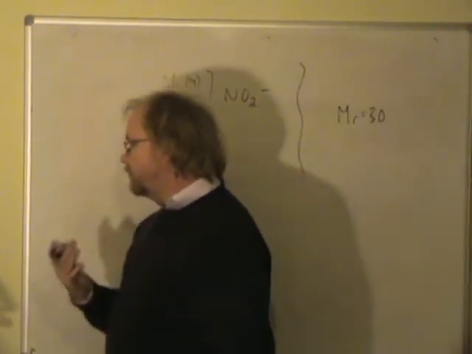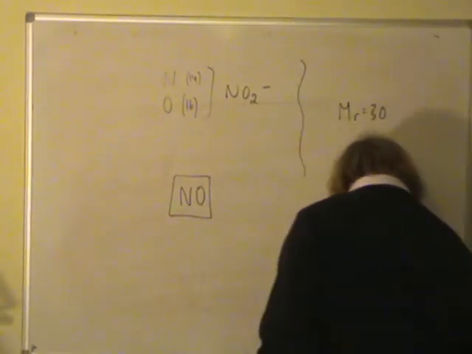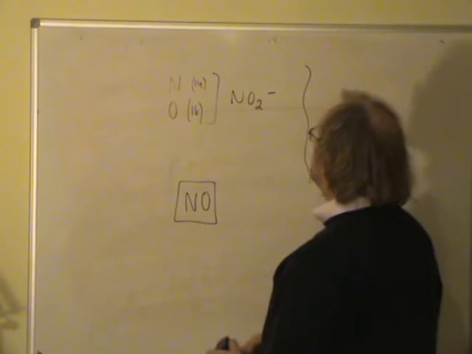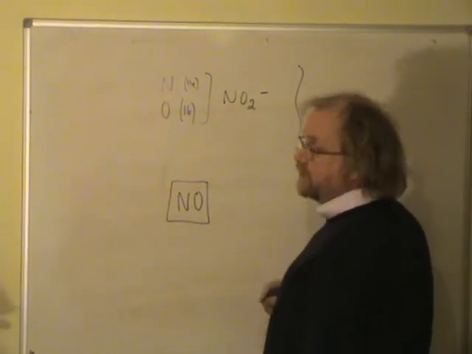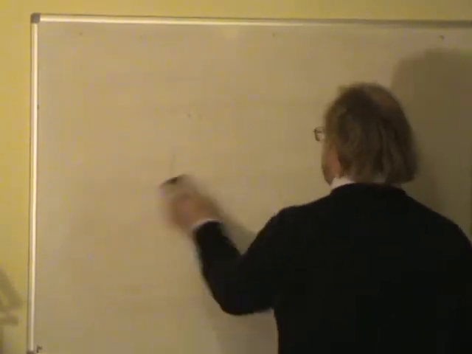Okay, so that's one of the products of the reaction, and it asks us then to try and put a whole equation together for what happens when NO2 minus reacts with iodide. So let's see if we can do that using the information we've got to hand.